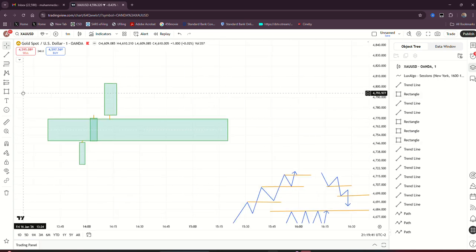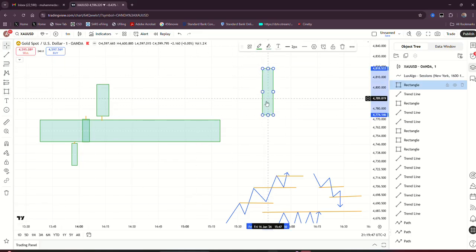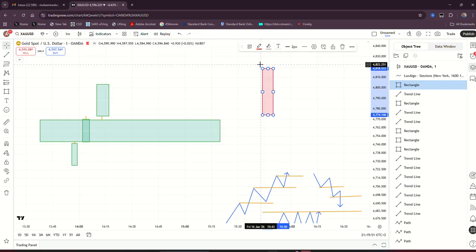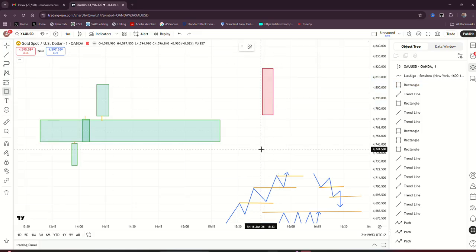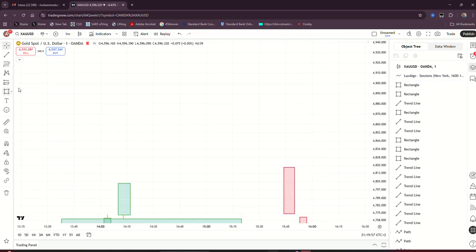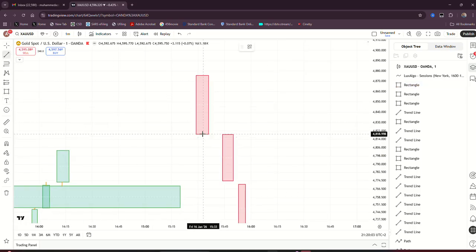Moved up. Now, an example of a bearish fair value gap would be if the market moved like this. I'll just make this red for you. That's your bearish fair value gap. Let me just draw the wicks here.